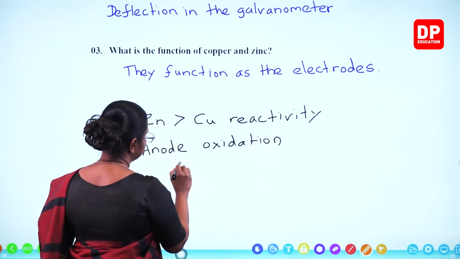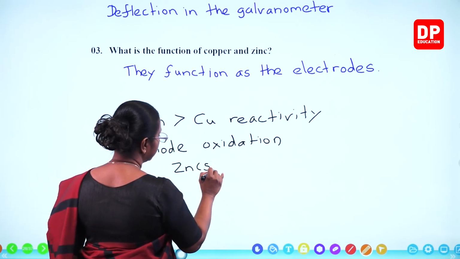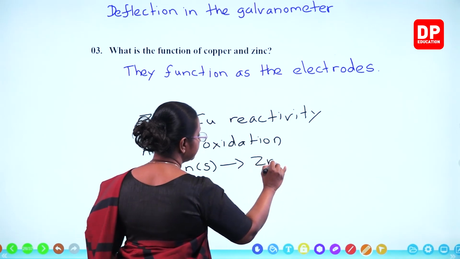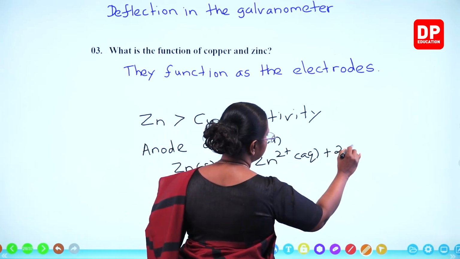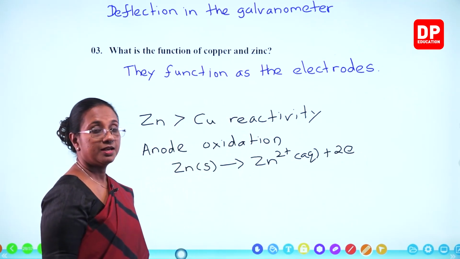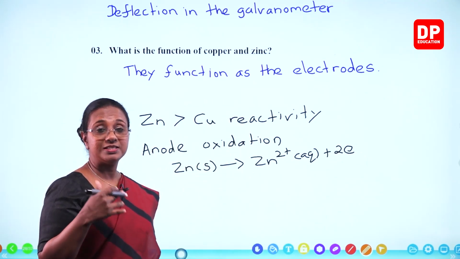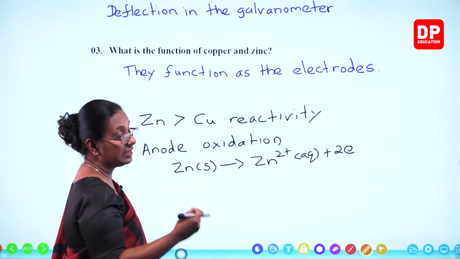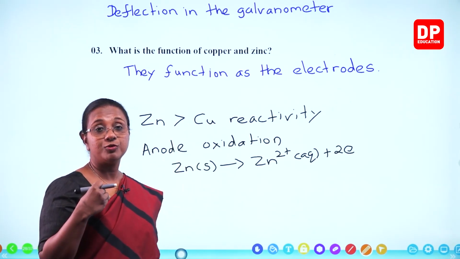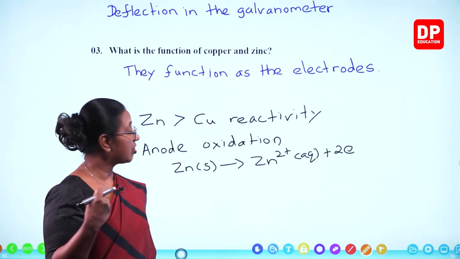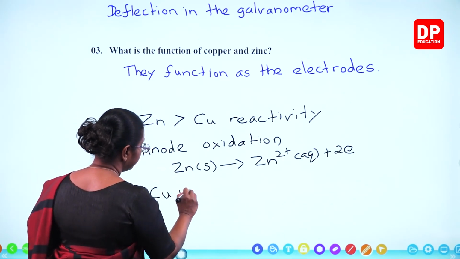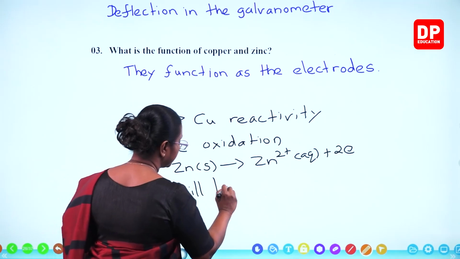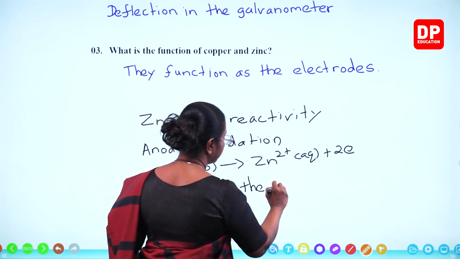How? Zinc solid loses 2 electrons and forms zinc 2 plus aqueous. Now, if it was a normal cell, you would see the dissolving of zinc, but here it is inside the lime fruit, so you can't see the dissolving of zinc. At the same time, copper will be the cathode.